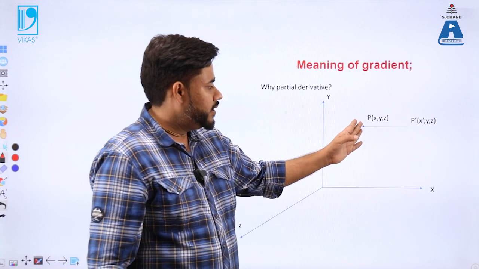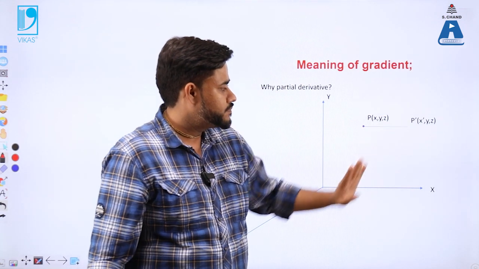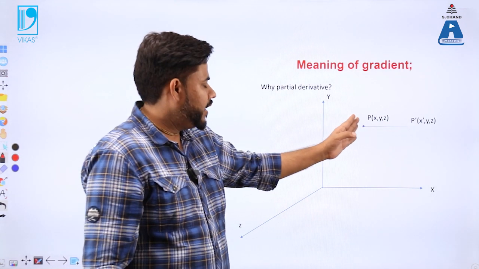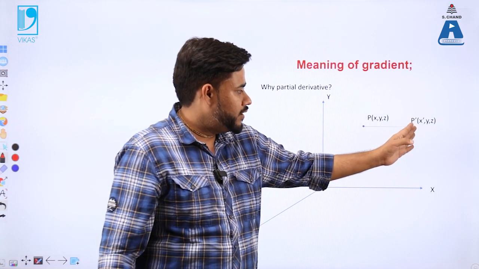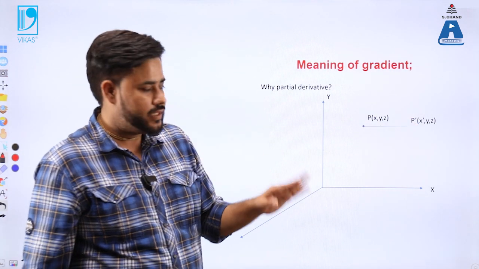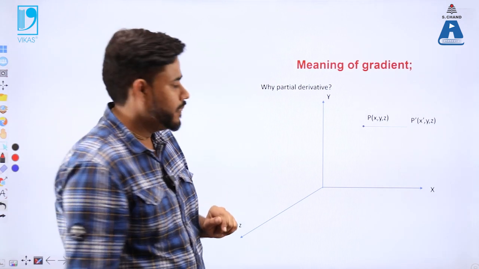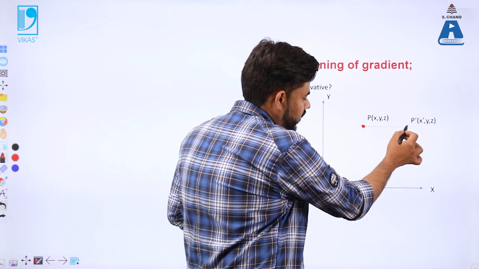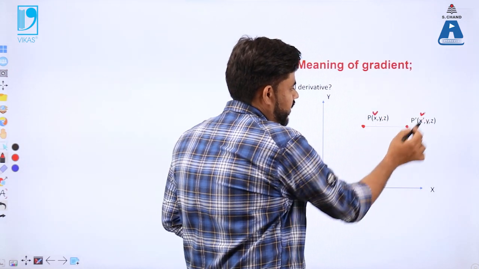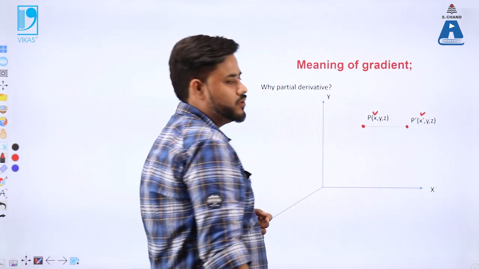Now p is changing from x, y, z to p dash, a value changed in the x direction, but y and z are the same. If this point is moved from here to here, only the x component will change; the y and z components would not change.